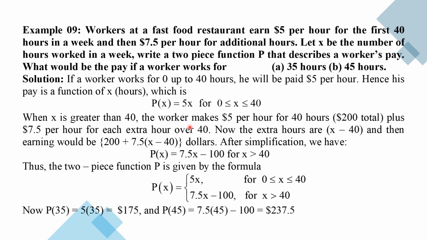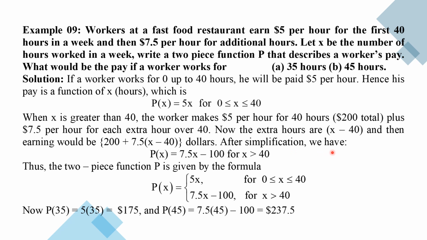For the first 40 hours it will be paid $5, so 5 times 40 is 200 in total, plus $7.50 per hour for each extra hour over 40. Now the extra hours will be x minus 40, so earning would be 200 plus 7.5 times (x minus 40) according to the situation.